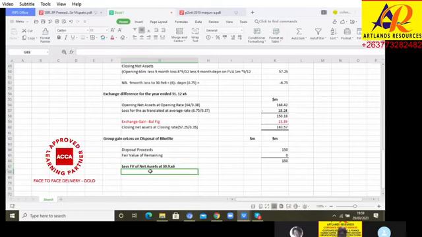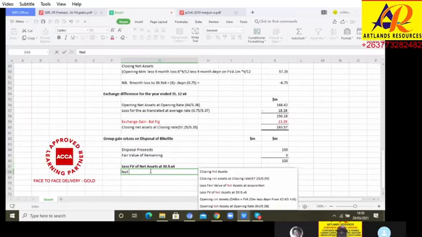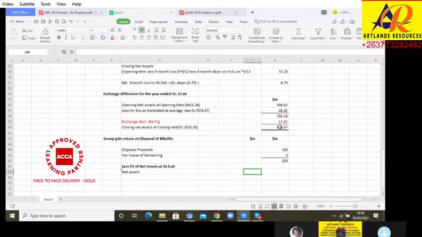Notice, we say net assets. We have calculated them here. These ones are the net assets. So it was 163,57. We calculated them above when we were calculating exchange difference.